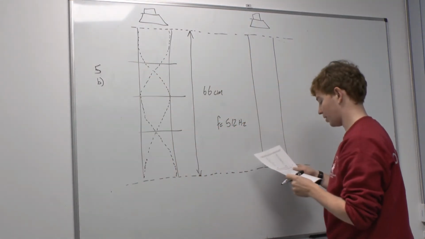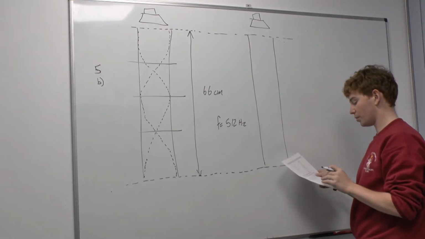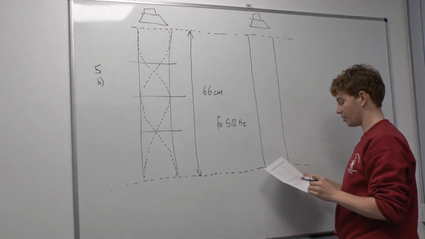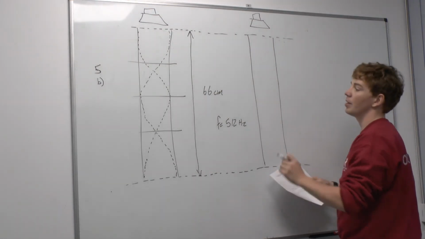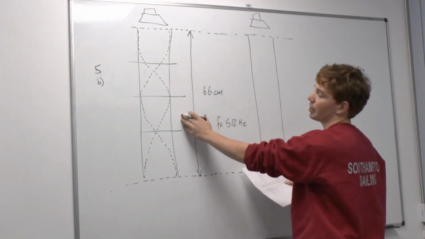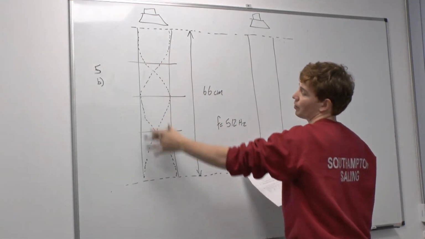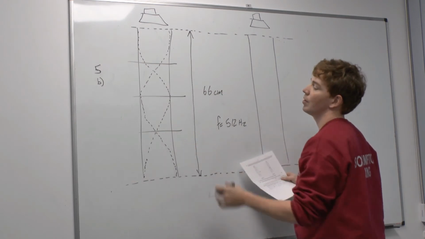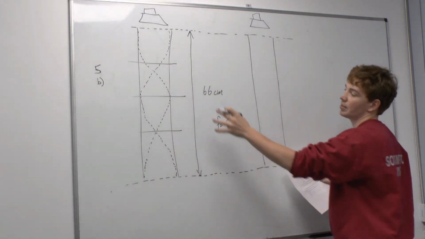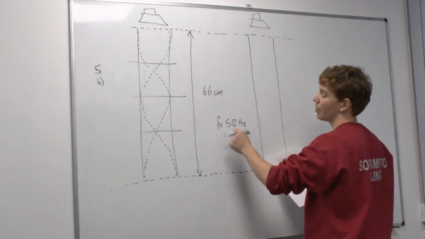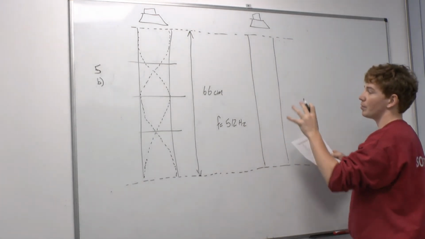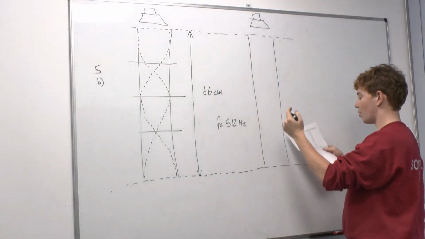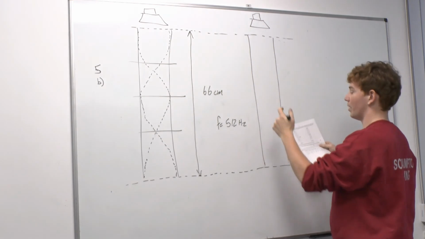Okay, so then for the next setup, it says state the fundamental frequency, f0, of the stationary wave in the open tube. Okay, so this is not the fundamental frequency. Here we've got multiple patterns that look the same in different parts of the tube. So the fundamental frequency is going to be half of this. So if we turn the frequency down, when the fundamental frequency is set up right, we're going to have half a wavelength in the tube.